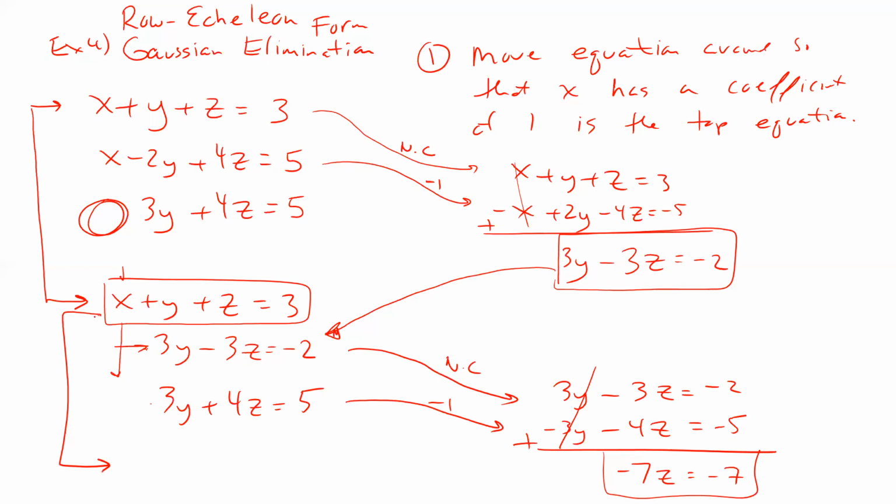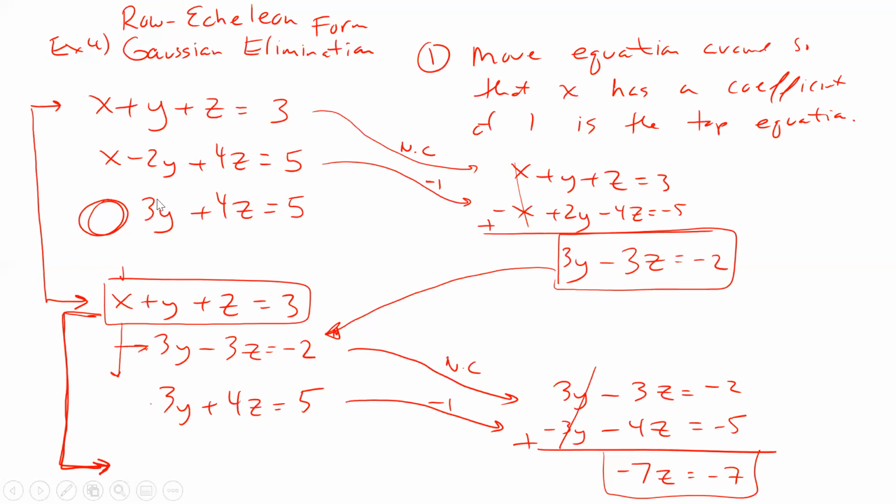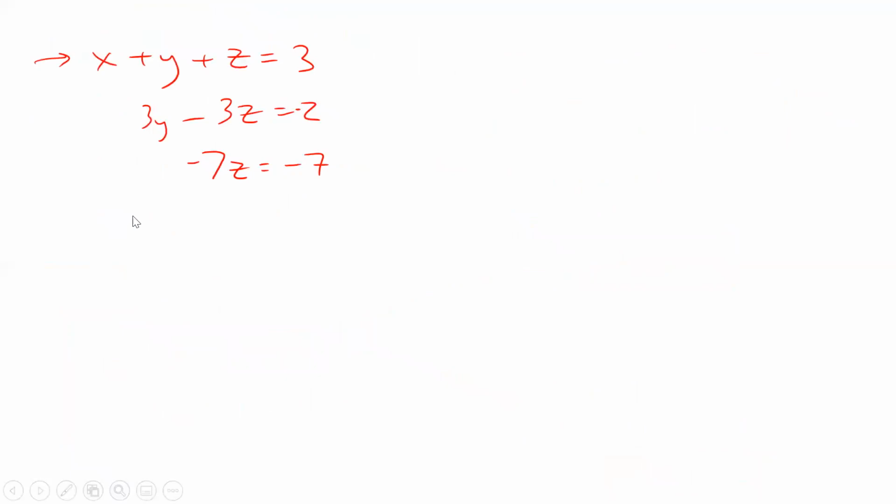So we were here. This top equation gets written down again. Notice it's the same equation, nothing changed. Then we look at the y values. This guy has a y in front, everything's fine. We can write this one down underneath. So no changes there.